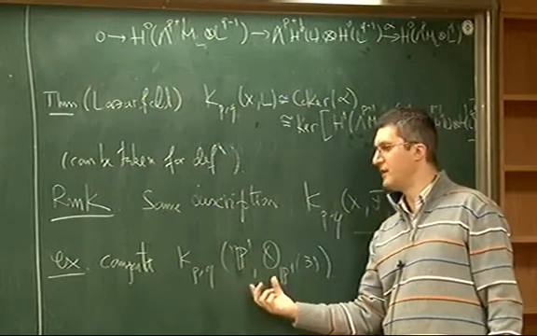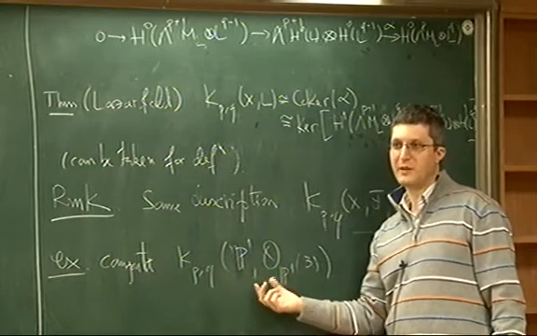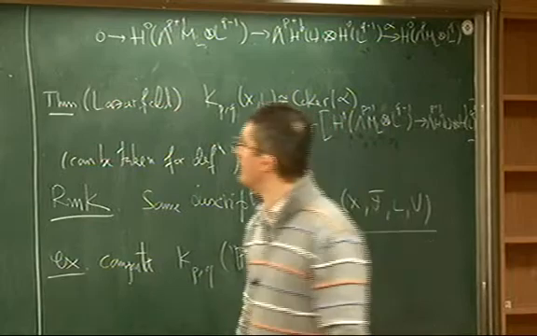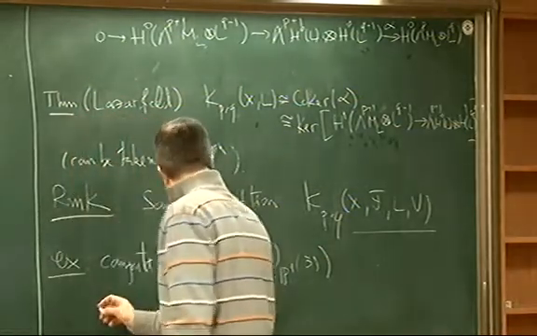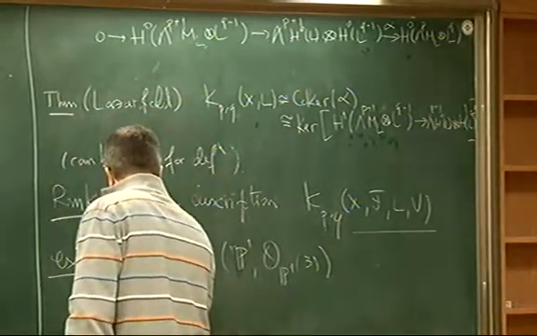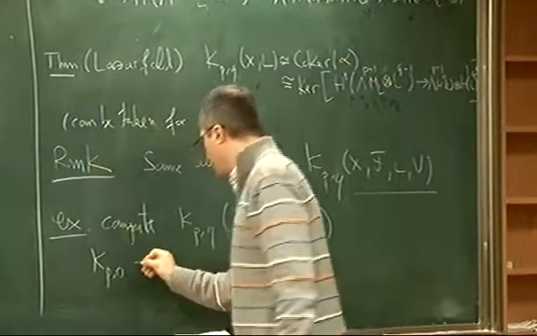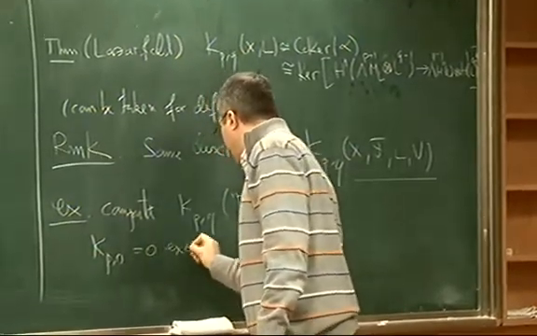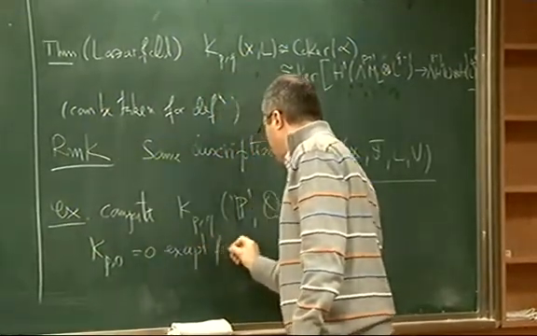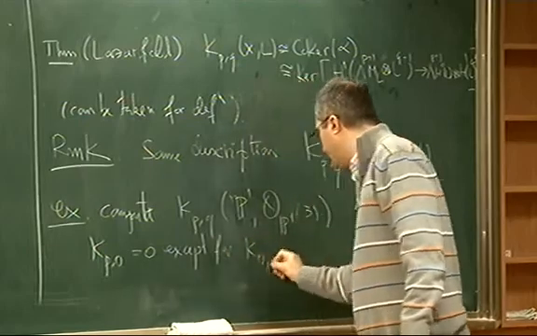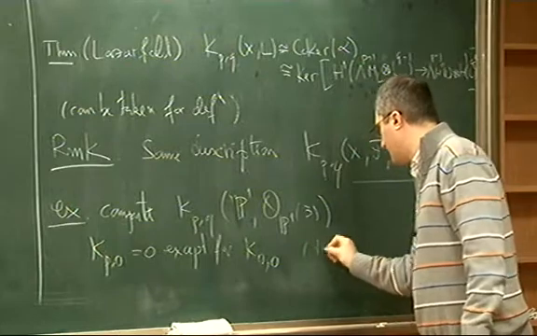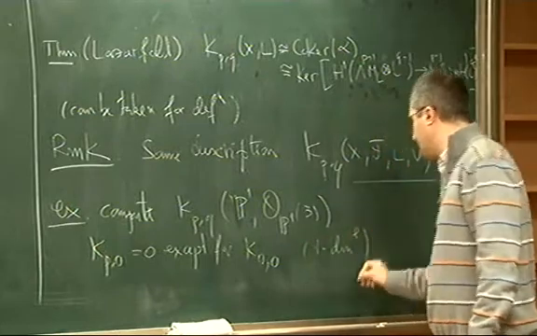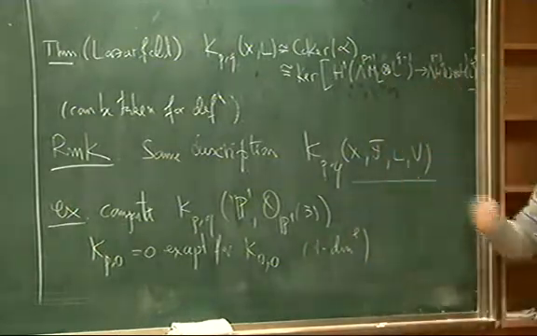But let's recover this fact by using the description of Lazarsfeld. So, for example, K_{p,0} will be all 0 except for K_{0,0}, which is one-dimensional. That's just from the description.